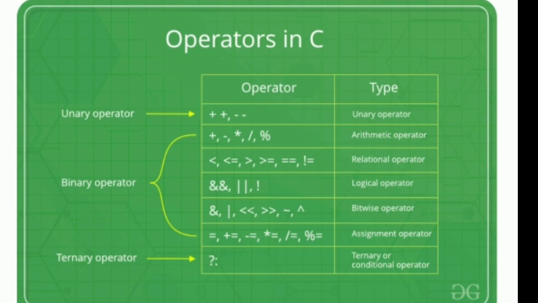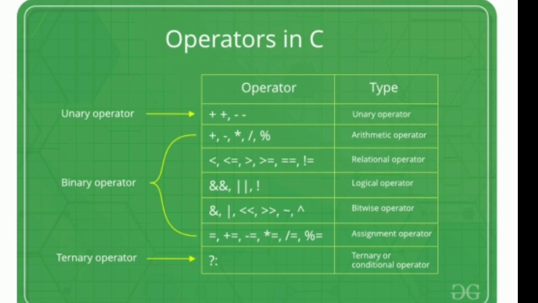An assignment operator is used for assigning a value to a variable. The most common assignment operator is equal. We have some more operators, a list of operators: equal, plus equal, minus equal, star equal, by equal, modulo equal.